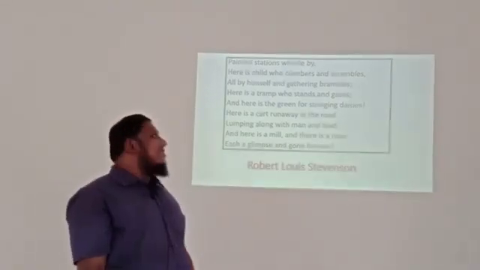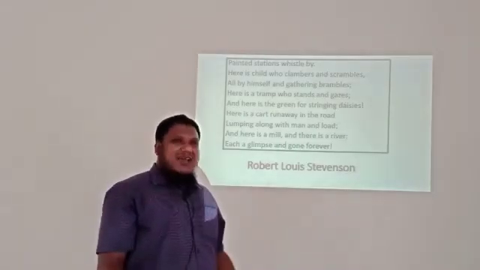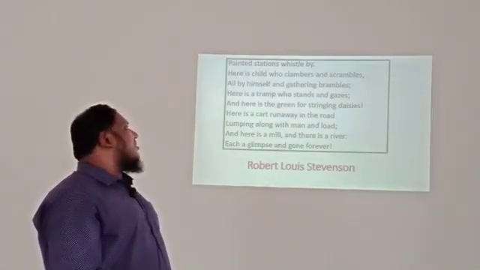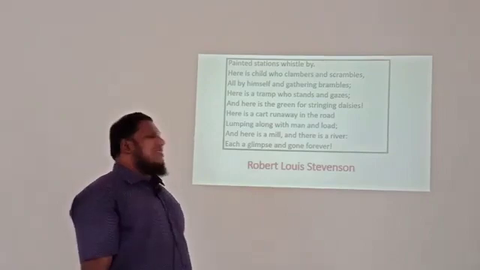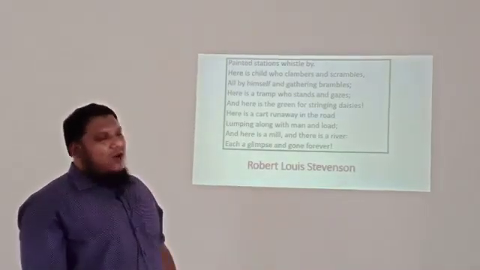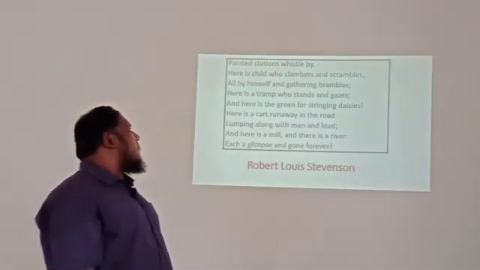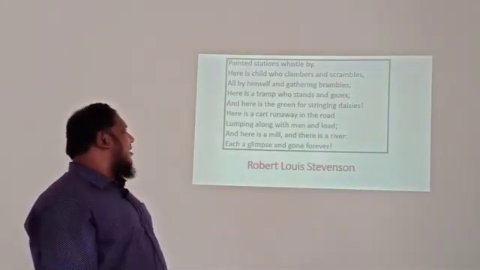The train doesn't stop at every station. So the local station looks like a painted picture. Here is a child who clambers and scrabbles, and beside the train and the houses, some children scramble and gather brambles. Here is a tramp who turns and gazes.